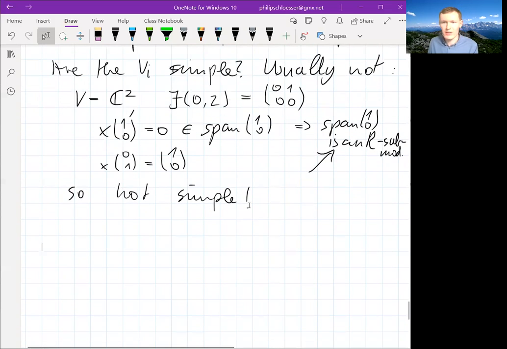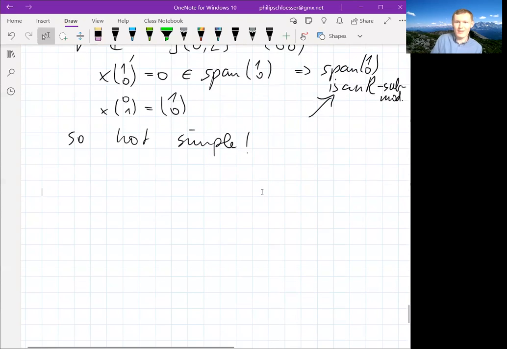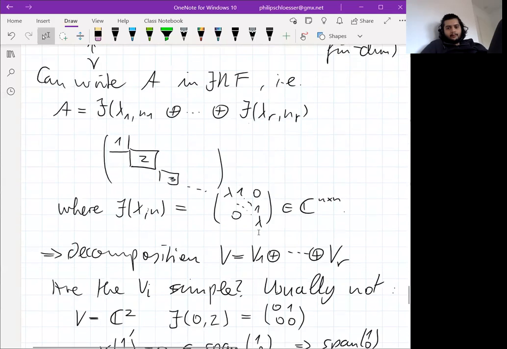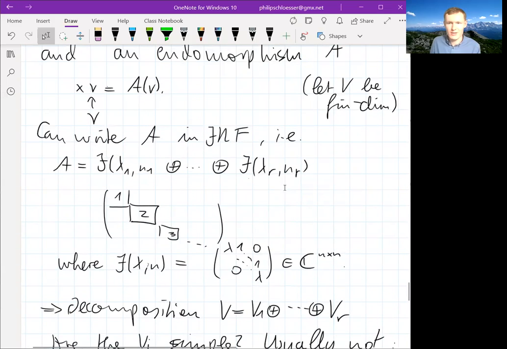Well, the answer would be any two-dimensional unitary representation, for example. The VIs could be simple, even if it's two-dimensional. So when you asked, are the VIs simple, you said probably not, but they could be. They could be simple, yes, if they are one-dimensional in this case.